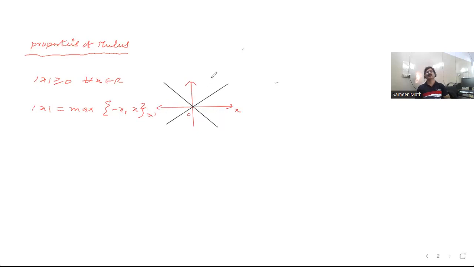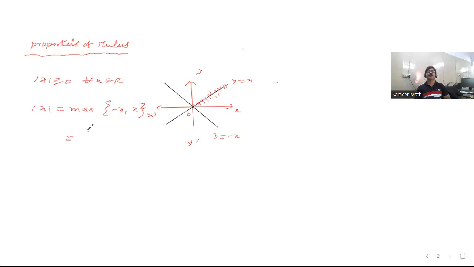Negative x axis is x dash, and negative y axis is y dash. Now you see what is said here: maximum of x and minus x. This line is y equal to minus x. This line is y equal to x. Out of these two, if you take only positive values on the x axis, this one will occupy more values than the one in the downward direction, y equal to minus x. So your answer is, when you take positive, the answer is x.